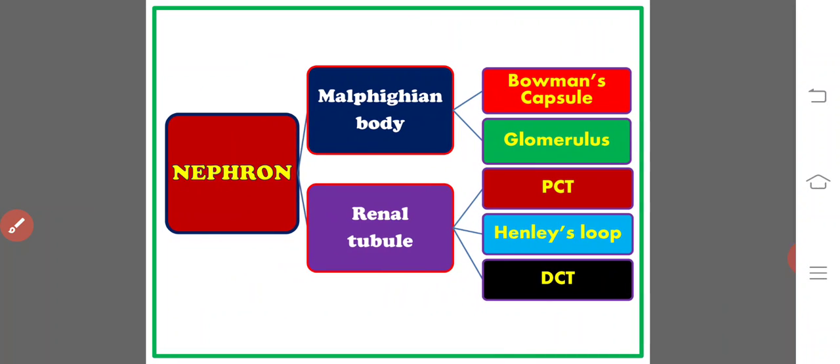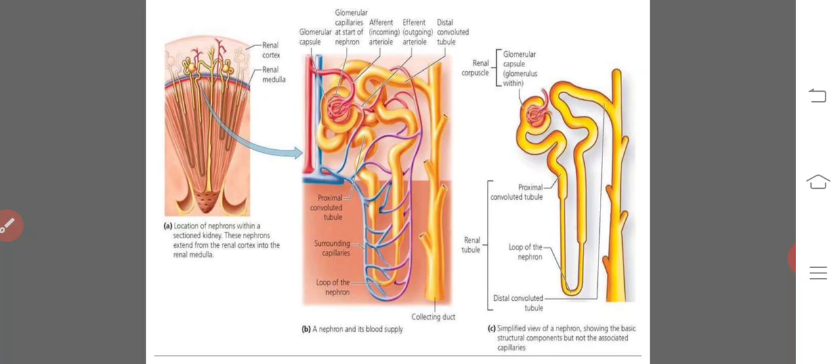Then coming to the renal tubule. In the renal tubule, we have three portions: proximal convoluted tubule, Henle's loop, and the distal convoluted tubule. Let us see what they are. Here, this is the neck region after the Bowman's capsule, otherwise the Malphigian body.